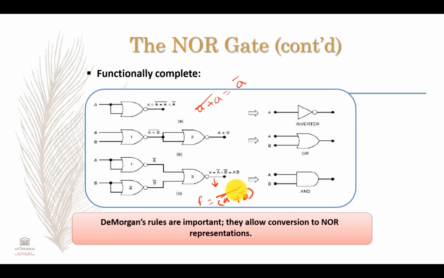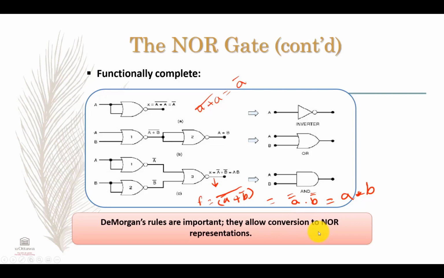So if I take the bigger prime, what I have to do is to change the sign. So this will become A, B, double prime, and this is apparently equal to A and B. So at any given time, DeMorgan rules are important because they allow conversion to NOR representation.